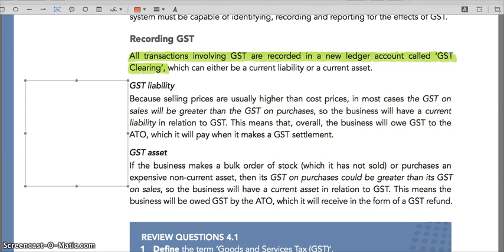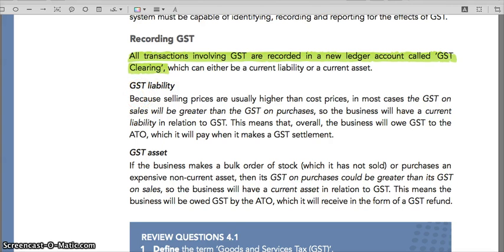The money that we've received through the collection of our revenue is actually a GST liability. That means that we need to pay that GST on to the government.